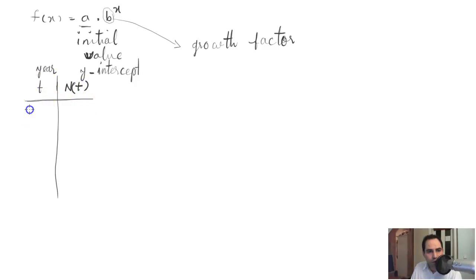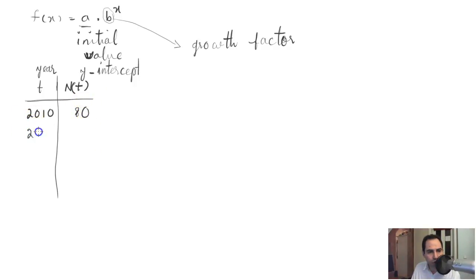So for example, let's say in 2010, 80 deer have been introduced to some wildlife refuge so that they can be preserved or taken care of. And then of course you know that animals reproduce, so if everything goes right, the population is going to grow year by year.